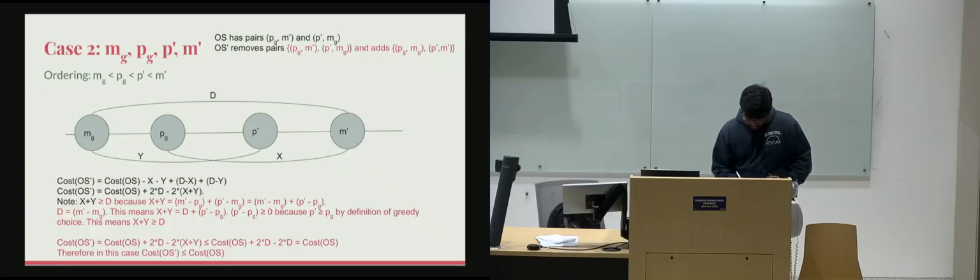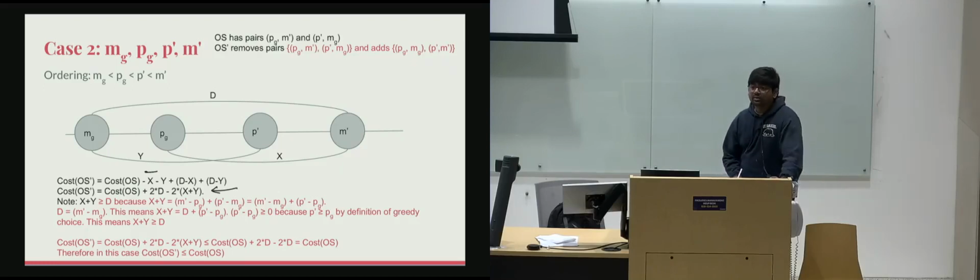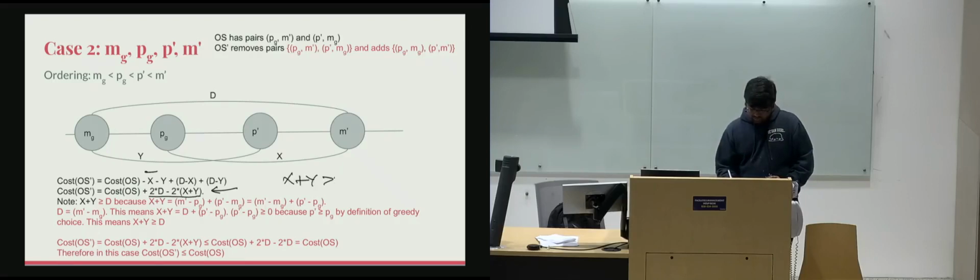I think the first half is almost the same. In the second half, things change, and you end up with this equation here, plus 2d minus 2 multiplied by x plus y. Okay? And you can see this term has to be negative. Why? Because this x plus y is greater than d.